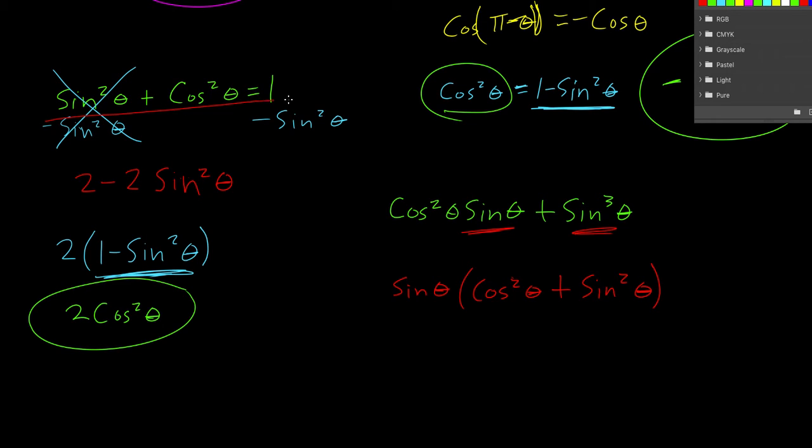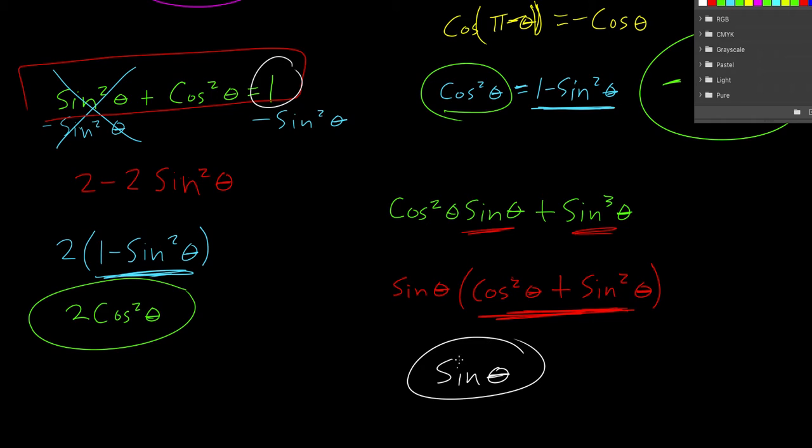And we see that our original Pythagorean identity right here, sine squared theta plus cosine squared theta, is the same thing here because with addition, it doesn't matter the order we write it in. And so that just goes to 1. So if we have sine theta times 1, we just get sine theta.